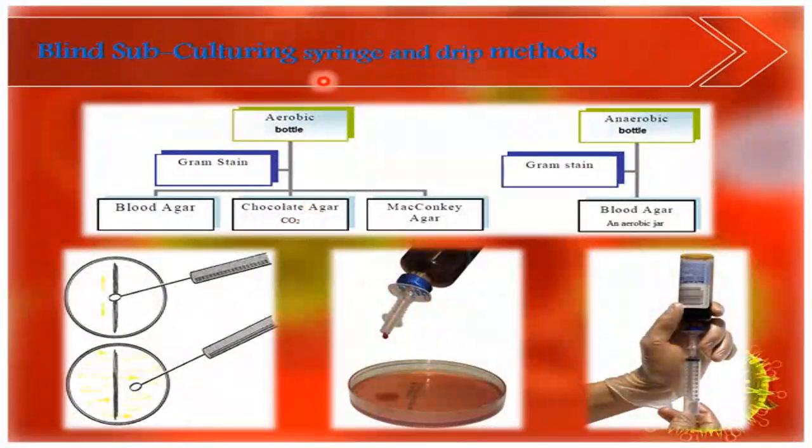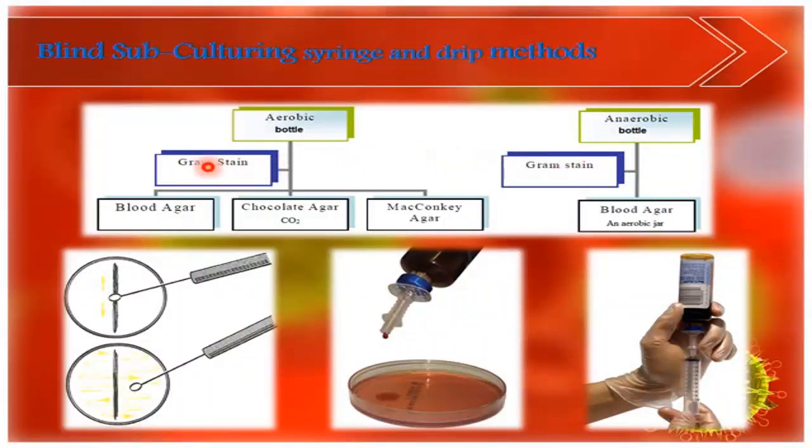Applying subculture syringe and drip methods, as you show here, the aerobic bottles, in both of them, gram stain is very important to detect the causative agents, either gram positive or gram negative. The result of a gram stain gives me a preliminary test for the culture and the suspicion.